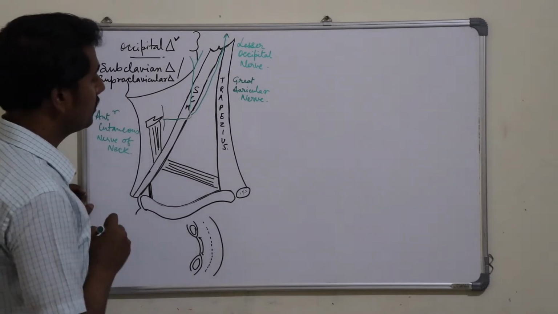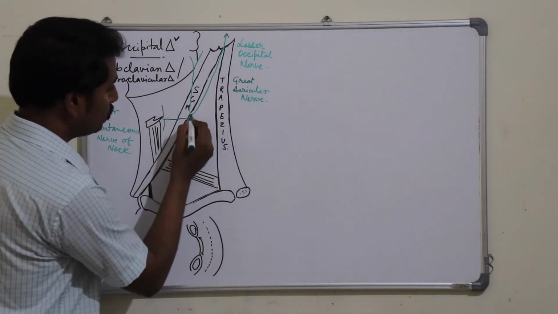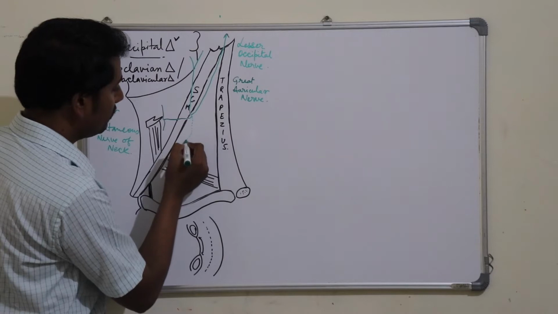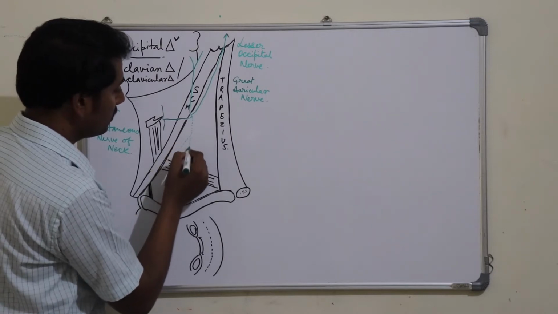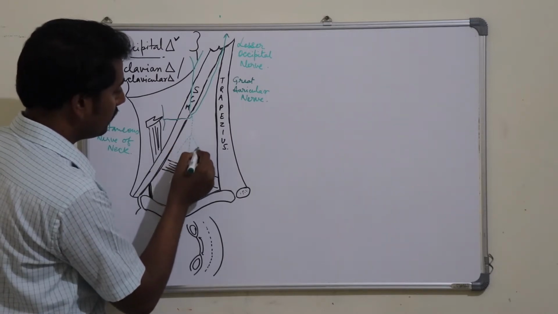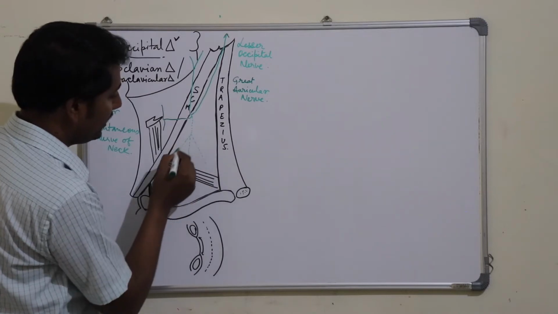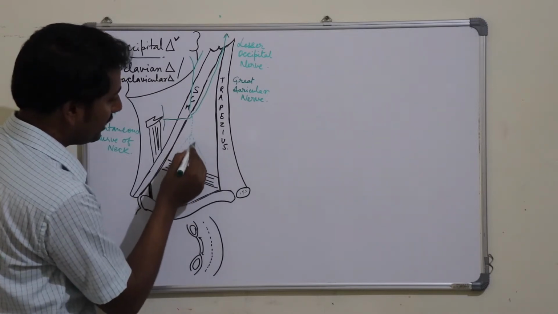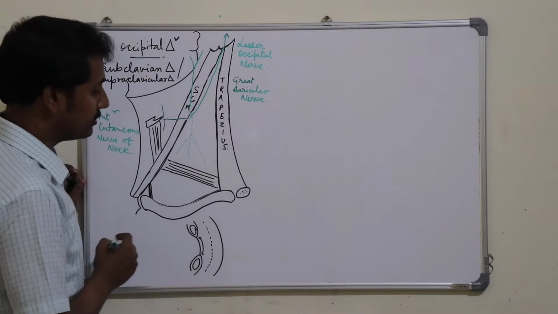The fourth cutaneous nerve is the supraclavicular nerves, which divide into three branches: the medial, the intermediate, and the lateral supraclavicular nerves.